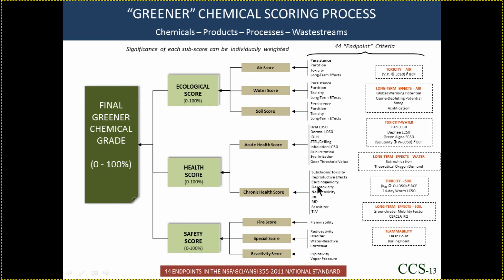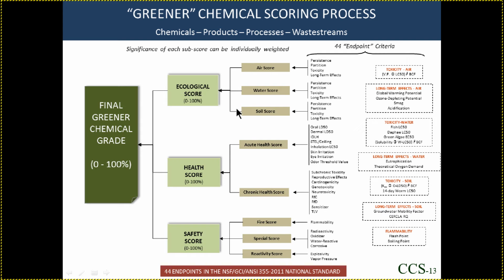We summarize the data then, moving from the right on this chart. So for example, at the very top where we have air, we look at its persistence in air, its partitioning or the amount in air, the toxicity in air, and the long-term effects in air. Then in the next subcategory group, we look at air, water, and soil totals.